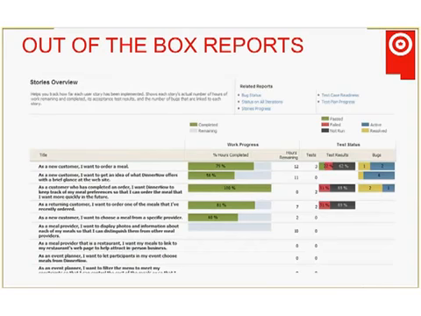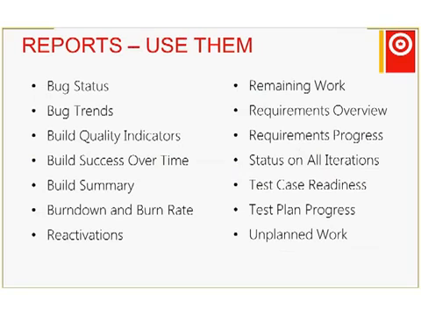There's a whole pile of out-of-the-box reports available, with a variety of charts available to show what's happening. And out of the box, there's a whole pile of reports which are available to give different information about what the project is doing.